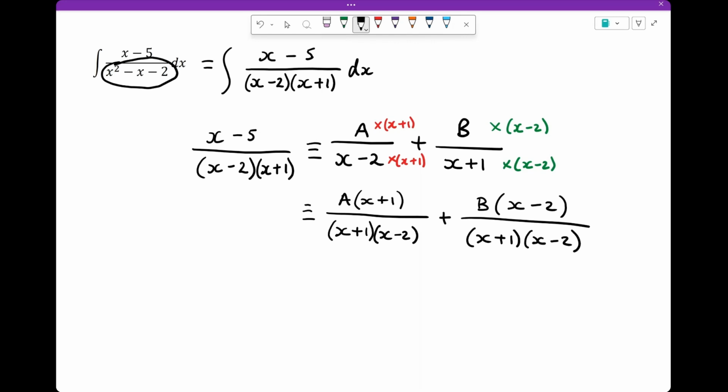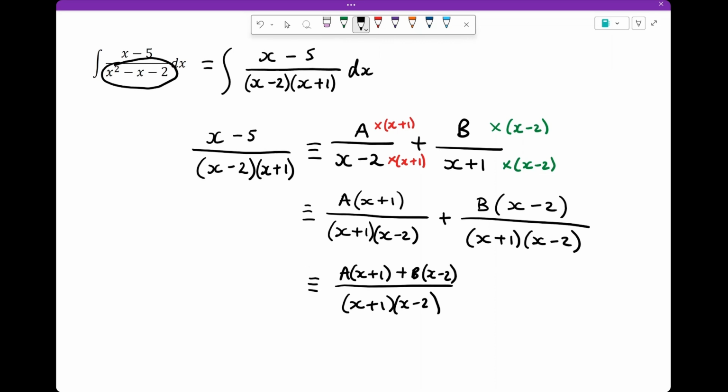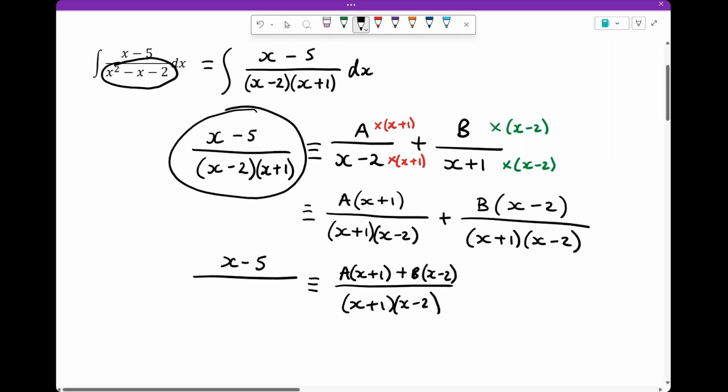Now I can add my two fractions together because they have the same denominator. So the denominator stays the same, and then my numerators get added, so I'd have a multiplied by x plus 1 and then plus b multiplied by x subtract 2. And then this is identical to the original fraction I was working with, so that's x subtract 5 over x subtract 2 multiplied by x plus 1.